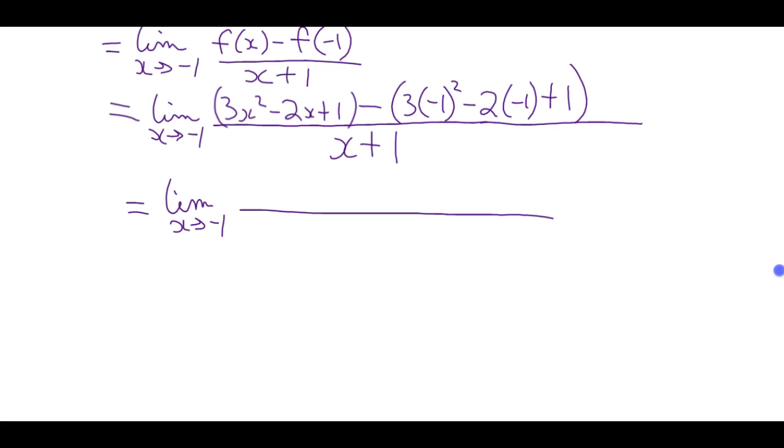Remove brackets. So that's 3x squared minus 2x plus 1. What does this work out to? So what do we got? 3 plus 2 is 5 plus 1. That's 6, right? Stare at it long enough, the truth will emerge. Or you'll say, I messed up. That's not 6. So I'm thinking it's minus 6.